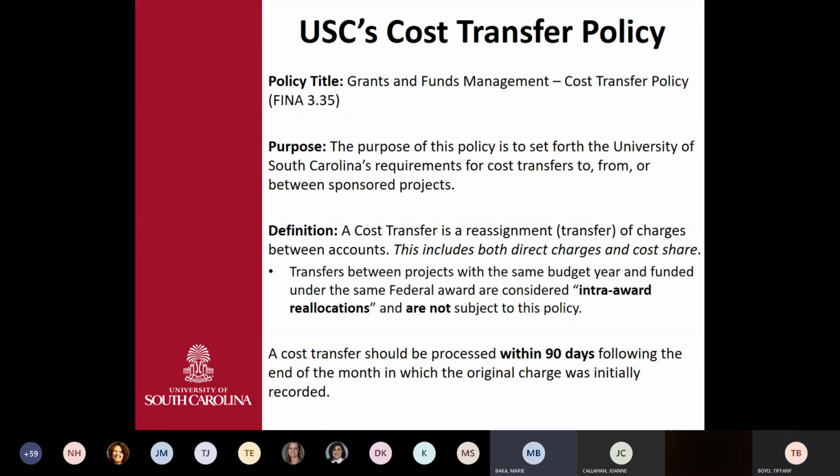We see a lot of awards overspent because they've ended, and then the costs sit there for months before they're moved, and now we end up in a cost transfer issue getting it to the correct project. So it's just imperative to watch. I think payroll is probably the largest user of the cost transfer policy. That expense is where we see the latest cost transfers.